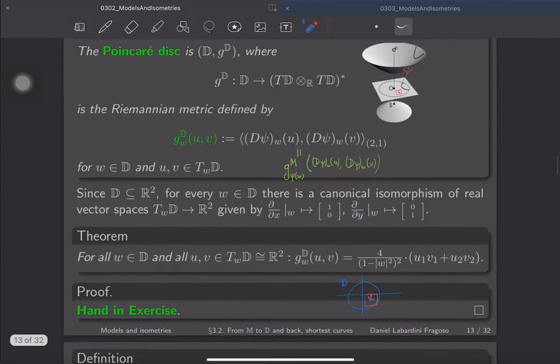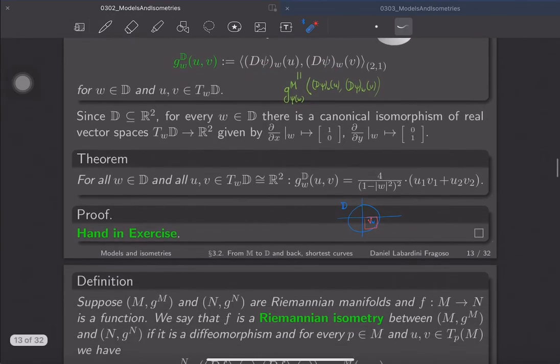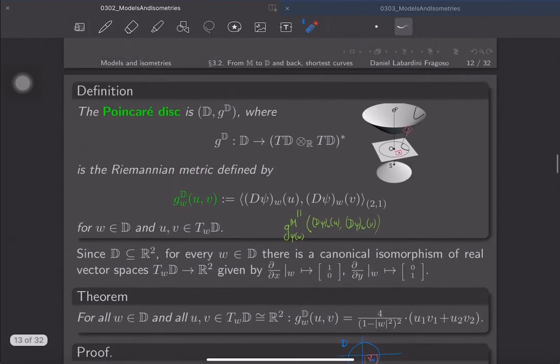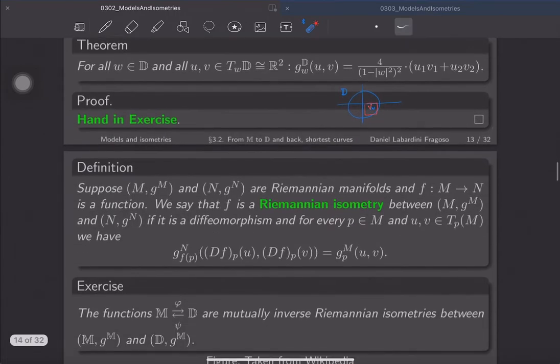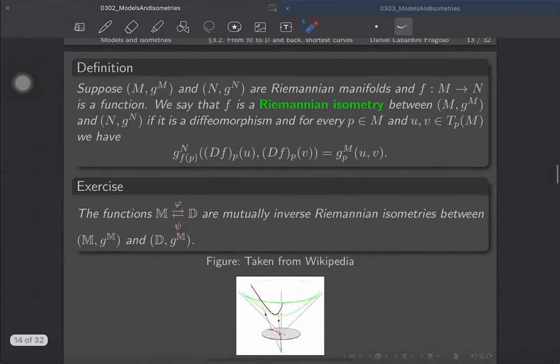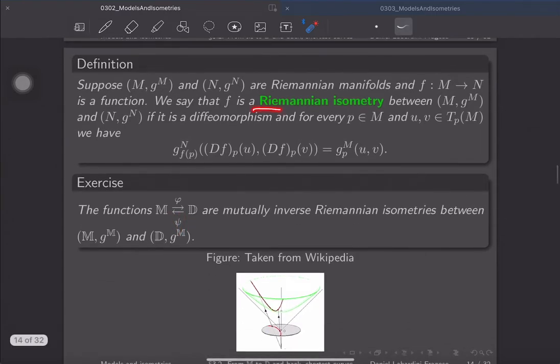Well, you see pretty much C is a Riemannian isometry. Right? So here's the definition. So pretty much G, this Riemannian metric, or this inner product for each point of D, is defined precisely to make C into a Riemannian isometry.